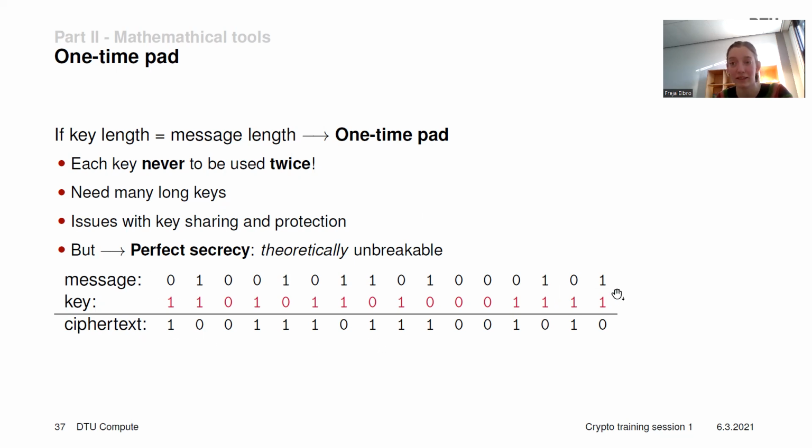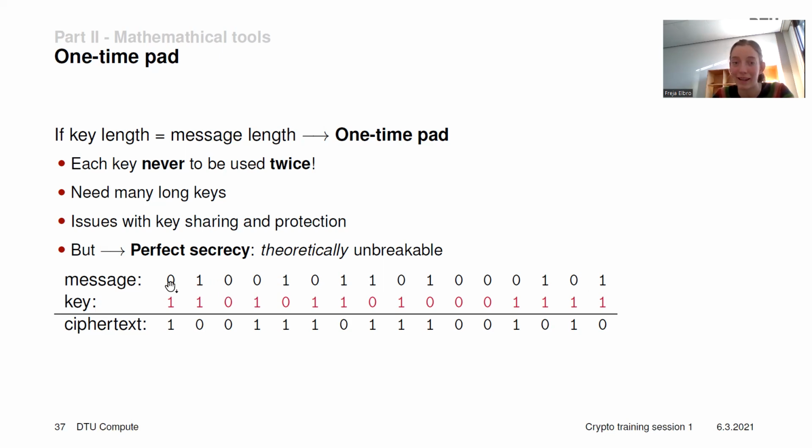If you use this scheme carefully and you choose your key uniformly at random every time, then the person who receives just the ciphertext can say nothing about the message, because each key bit could be equally well a 0 or 1. So each message bit could be a 0 or 1.